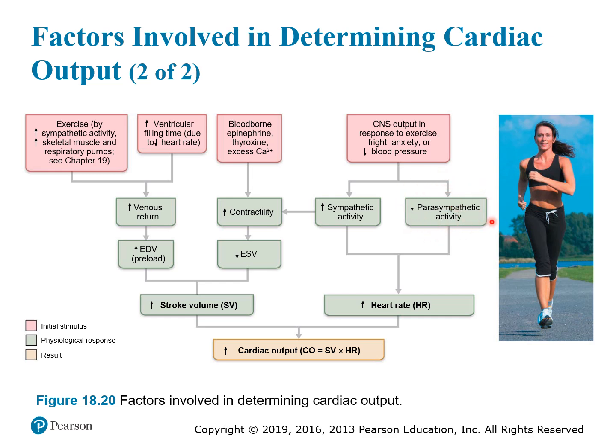So the parasympathetic nervous system is inhibited, and the sympathetic is activated. As a result, the heart rate increases and the cardiac output increases. So this is what happens if I'm sitting and then I start to exercise. These are the changes which happen.